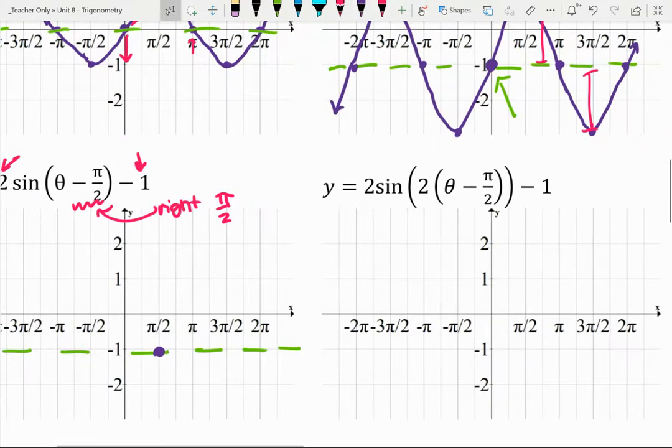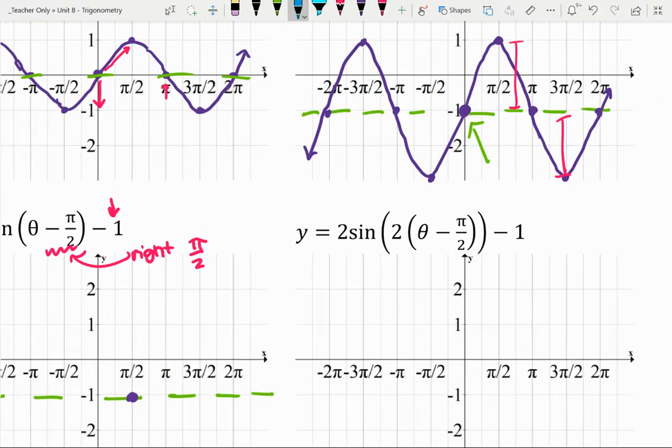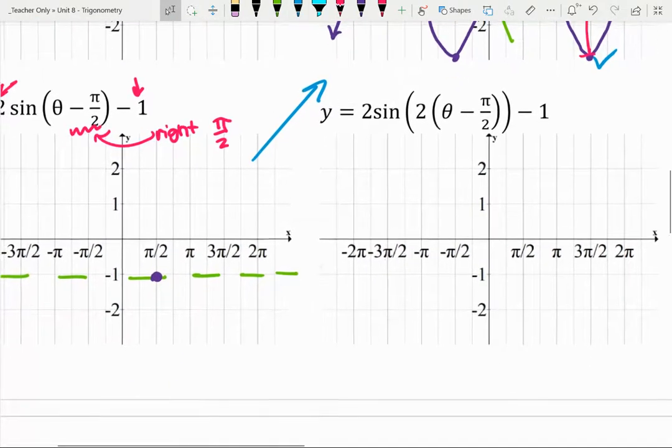So we're recreating the graph that we made just before, except we're shifting all of those key points to the right pi halves units. So it's not just that starting point, I say with air quotes around it, but it's every other point on there that's also being shifted to the right pi halves units.